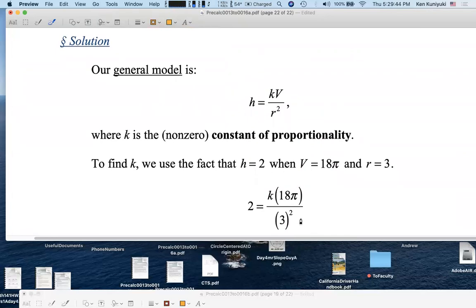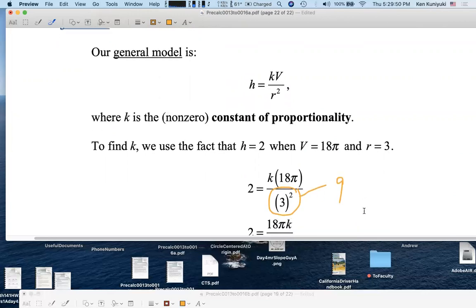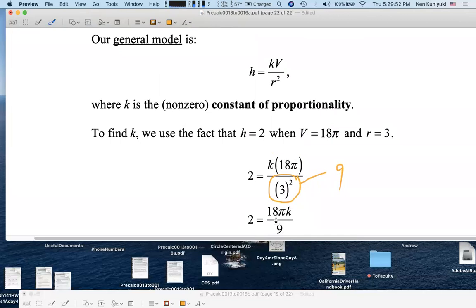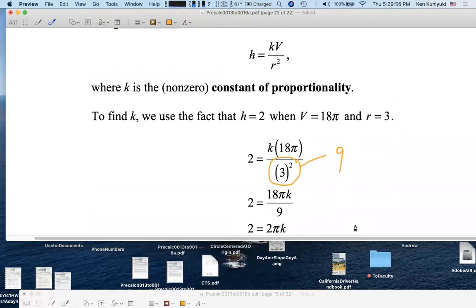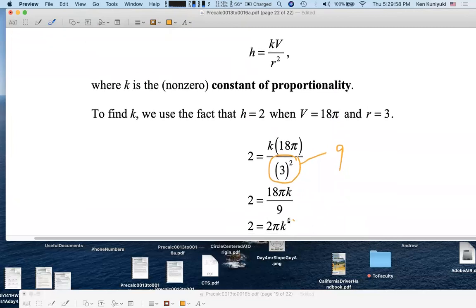You can do it in different ways. For example, you might note that 3 squared is 9, all right? 18 divided by 9 is 2. So we have 2 equals 2 pi k. We want to solve for k. So what do we do? Don't say move, say divide by 2 pi.